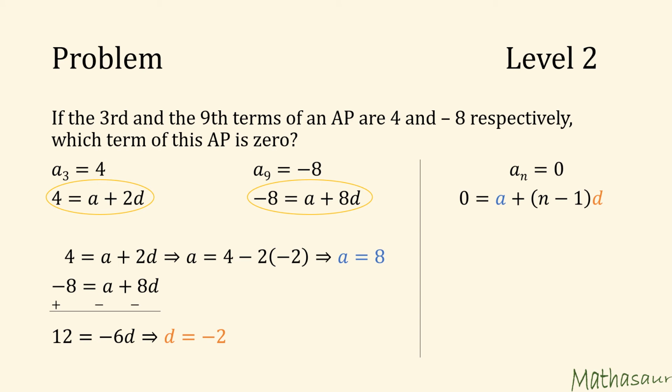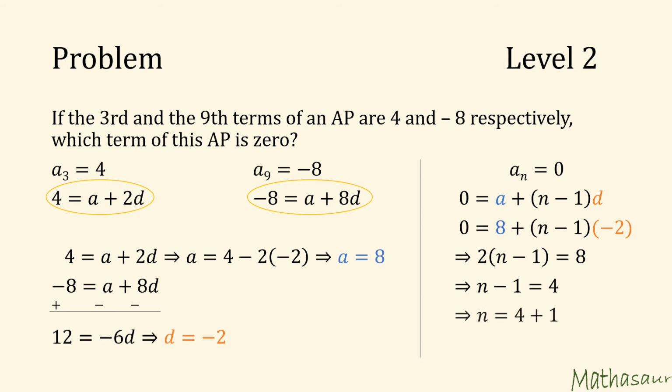Now let us substitute the values for a and d in the third equation that we wrote for an. Solving for n, we get n equals 5. So the fifth term of this AP would be 0.